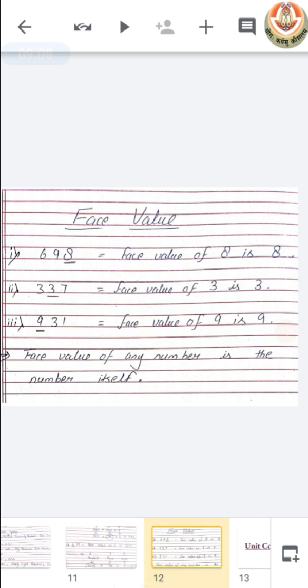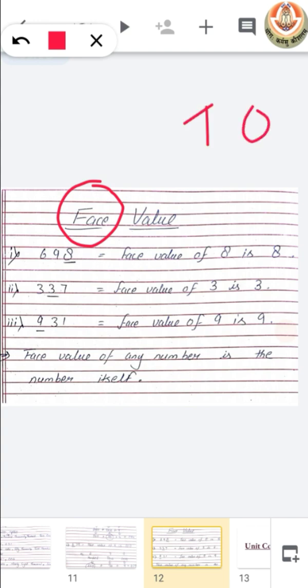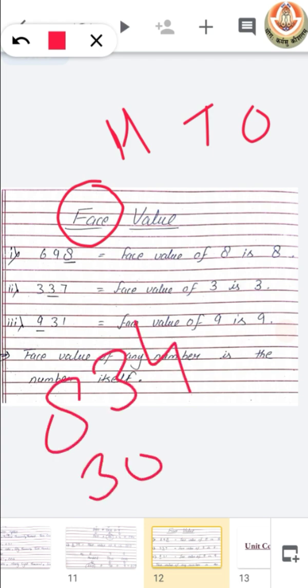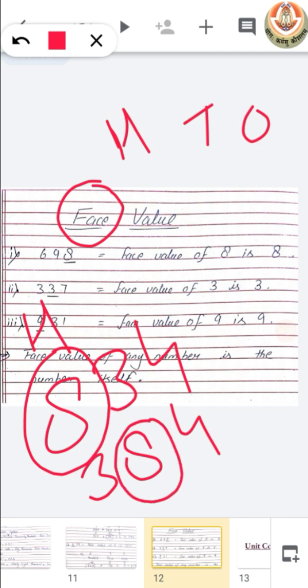Now the second thing is face value. Now we know that whatever the number is, whether it is in the ones place, tens place, or hundreds place, its face will remain the same. It means if we write 834 or 384, in one case 8 is in the hundreds place, and in the other case 8 is in the tens place.